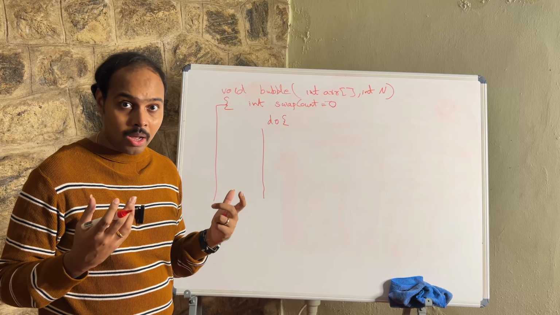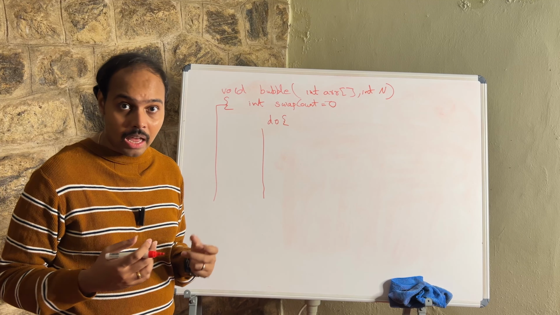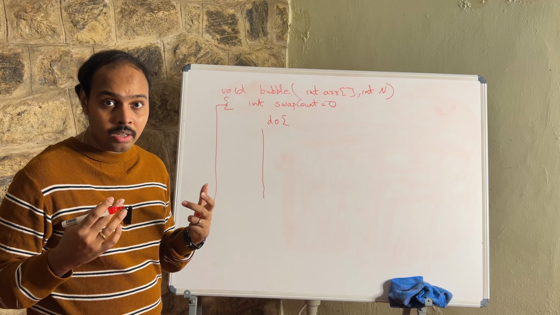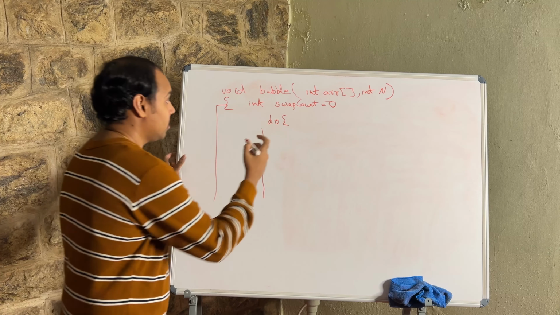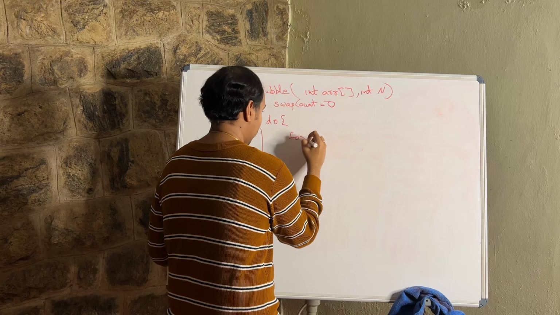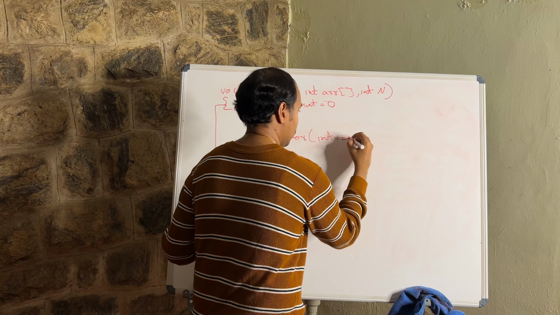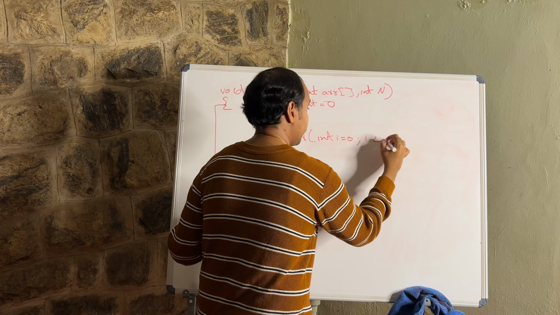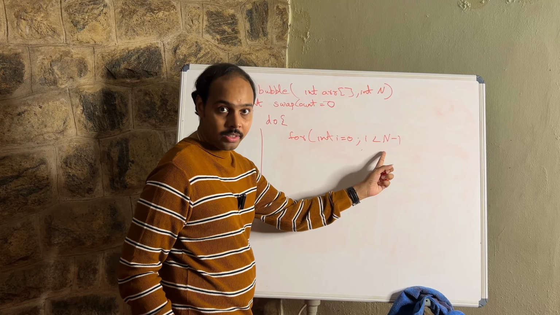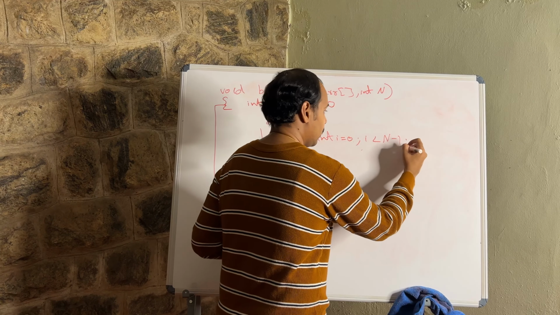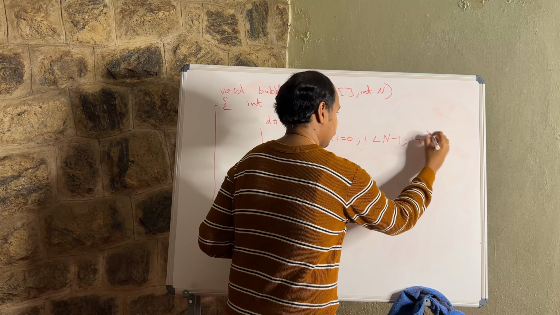We want to compare each element with the next element, and if it is not smaller than the next element, then we swap it. So for int i equal to 0, i less than n minus 1, you will get to know why I am doing i less than n minus 1, i plus plus.